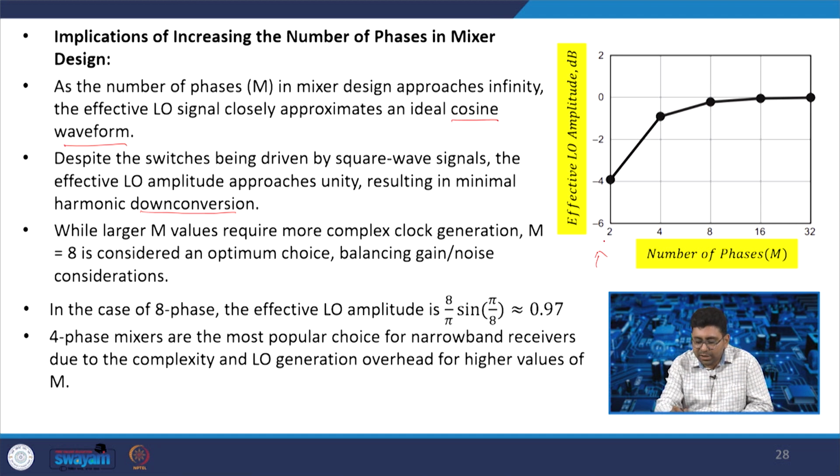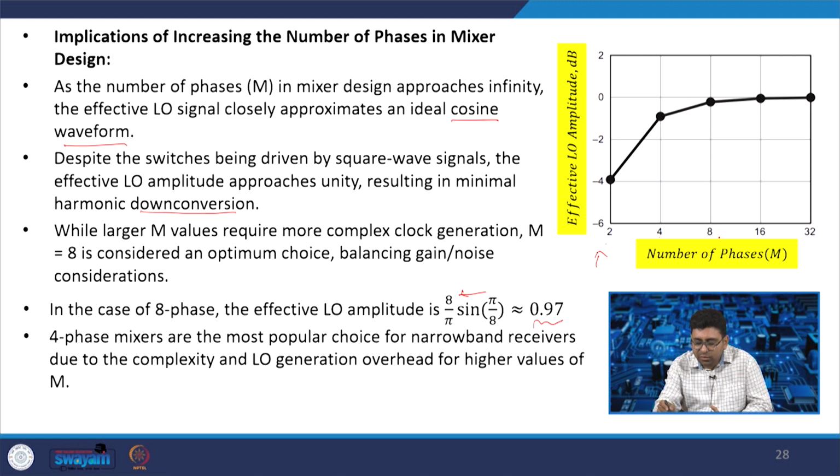If you consider m equal to 2, it will be about minus 4 dB, then if m is equal to 4, that is around minus 1 dB, and if you consider 8, it is around 0.97. So, that is (8/pi) into sin(pi/8), which is around 0.97, and that is approximately 1.